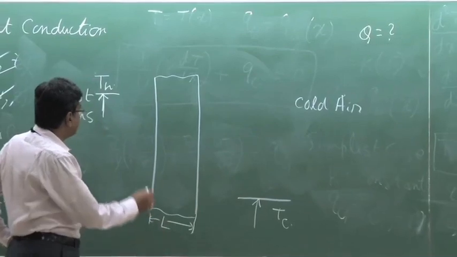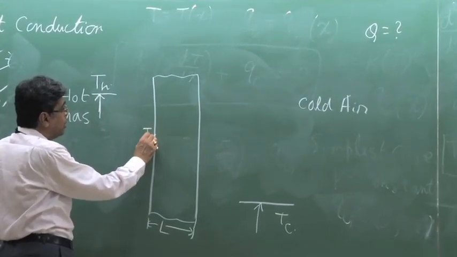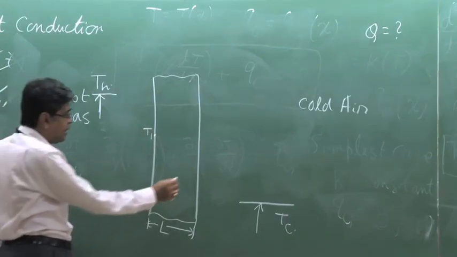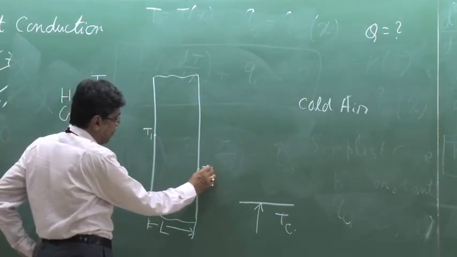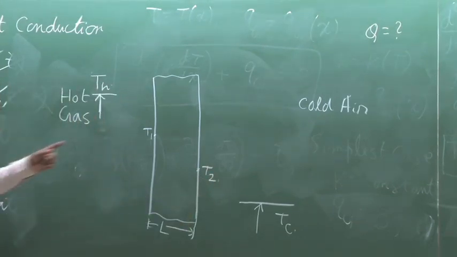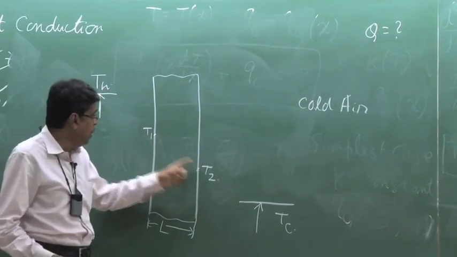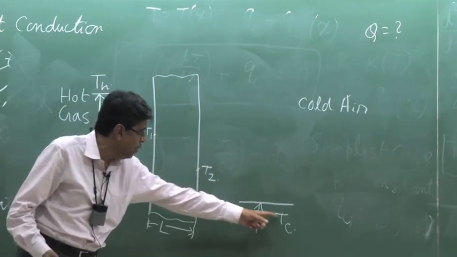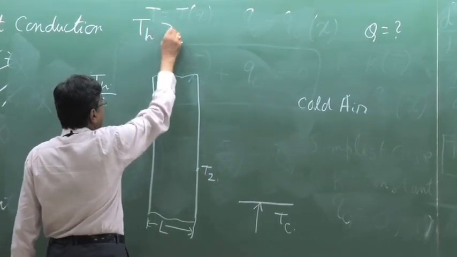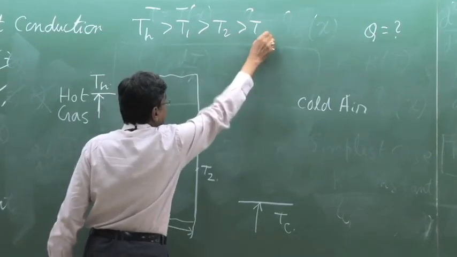We assume T1, which is not known, is the temperature at this surface and T2 is the temperature at the other surface. By common sense, T1 will be lower than TH, T2 lower than T1, and TC lower than T2. That means TH is greater than T1, greater than T2, greater than TC.